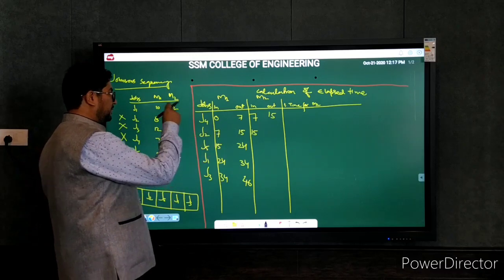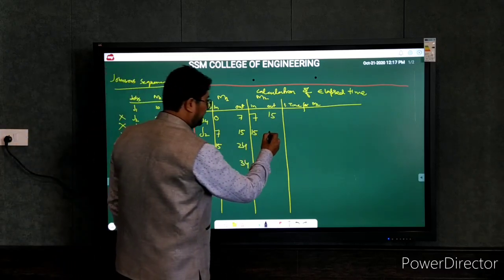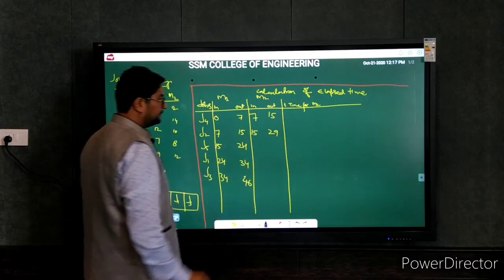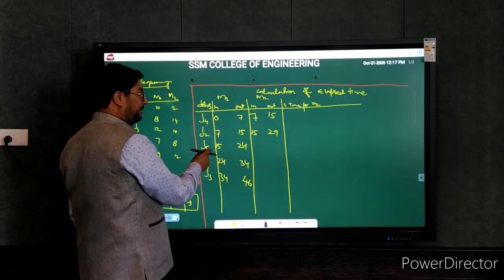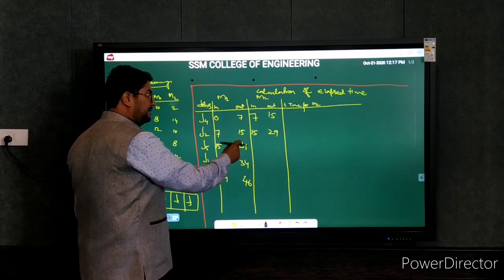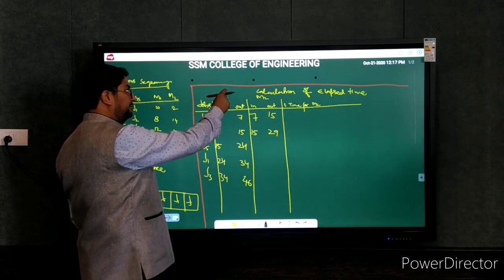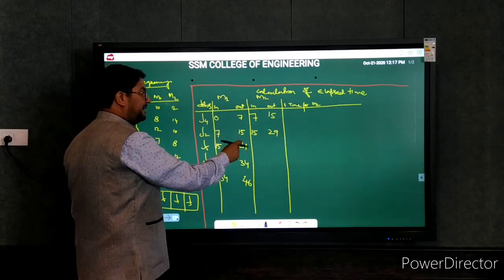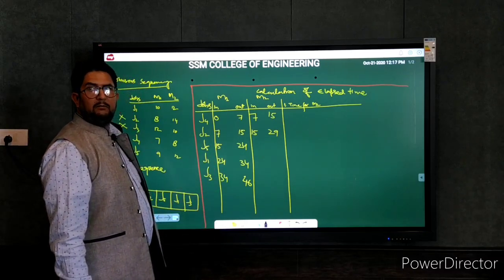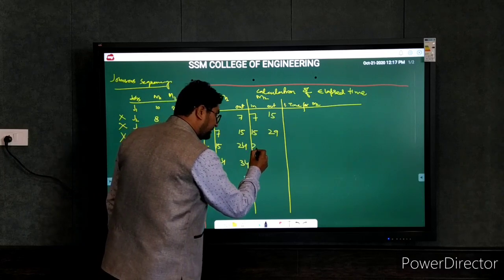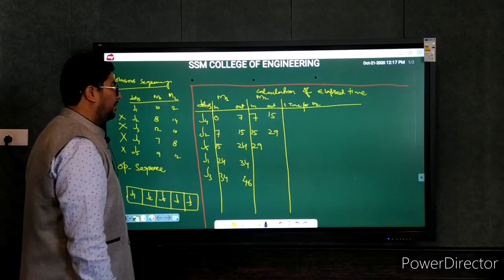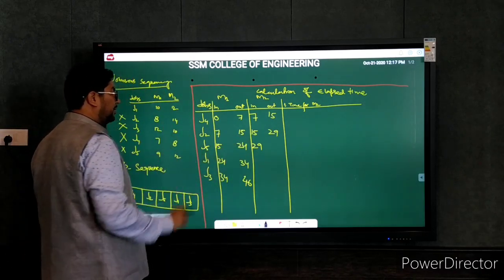So 15 plus 14 hours becomes 29. At 29, can we take job 5? Yes, job 5 is waiting because it was completed by machine 1 at 24 hours only. So on 29 we have taken job 5.